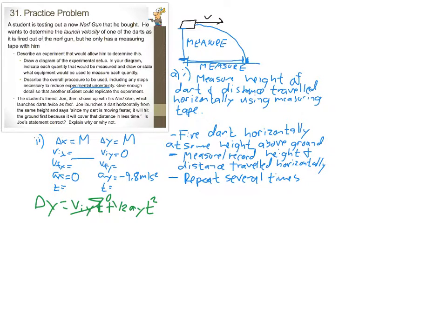I'm going to measure that height, which I'm just going to call h, and so whatever I measure, my delta y will be the negative of that, and that's going to be equal to 1/2 times negative 9.8 times t squared. If I divide both sides by negative 4.9, which is 1/2 of 9.8, I get h over 4.9 equals t squared. So that means that my time is going to be the square root of h over 4.9.